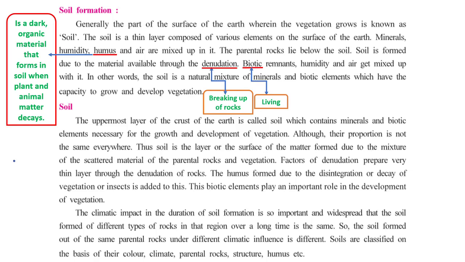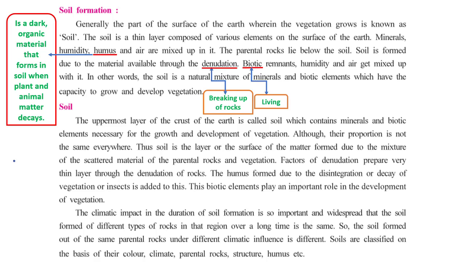What they are trying to say is that the layer of soil is not the same at every place. Secondly, soil is affected by climate also. So everywhere you will not find the same type of soil. If I take the example of India, in different parts of India we have different types of soil. We are going to discuss types of soil later on in this lecture.